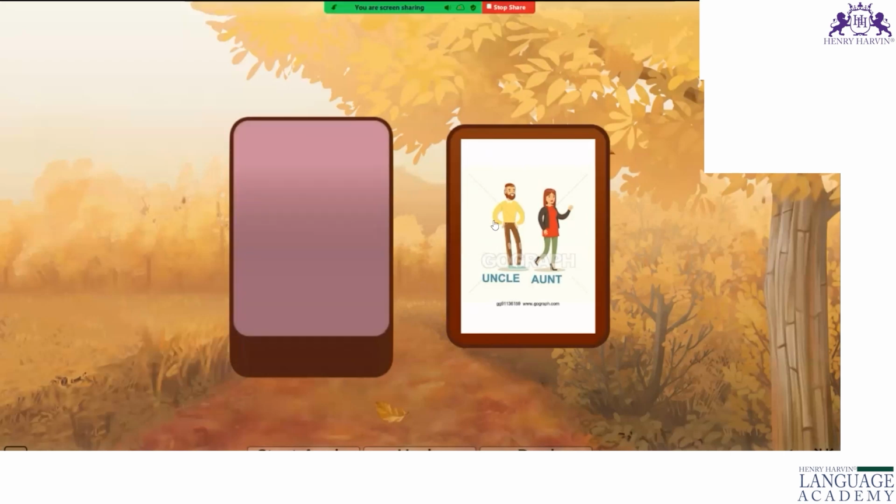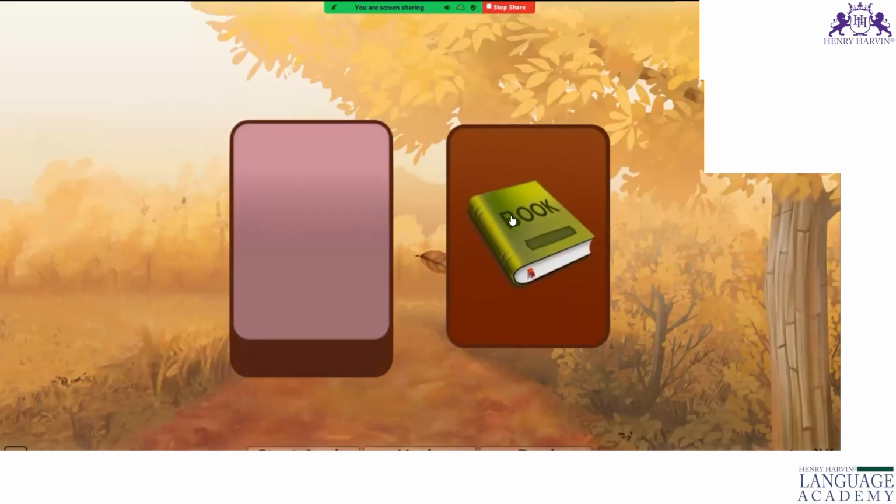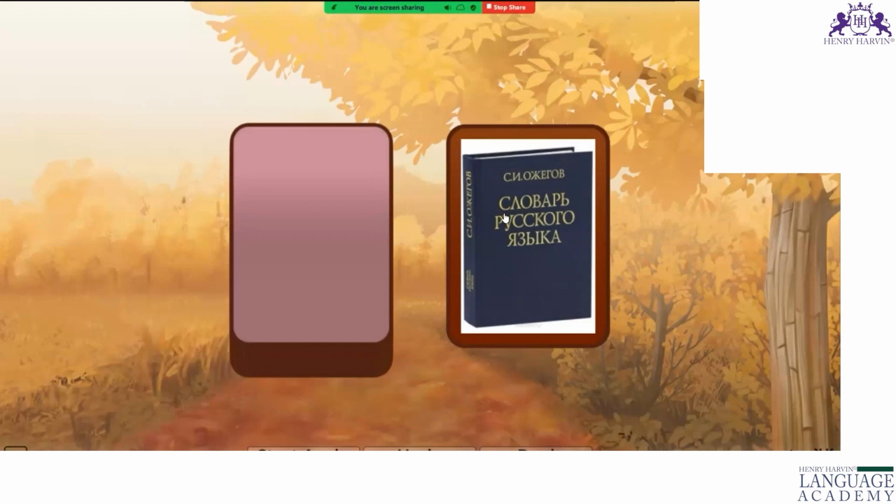Дядя. Тетя. Окей. Книга. Here we have, so you can read it. Словарь. Словарь, dictionary. Словарь русского языка, Russian language dictionary, да? Словарь.